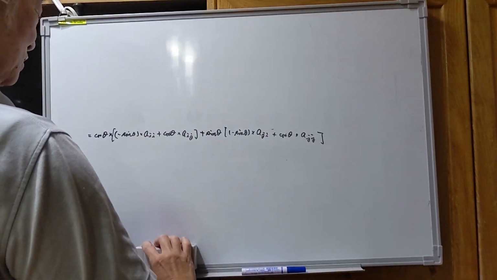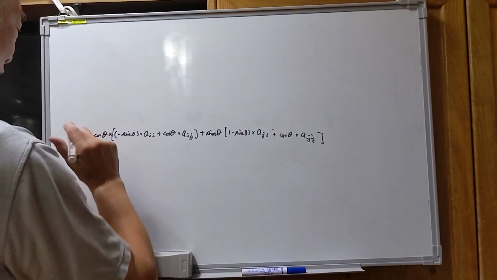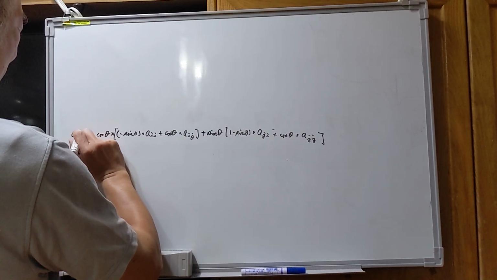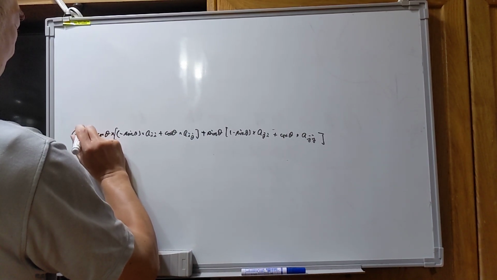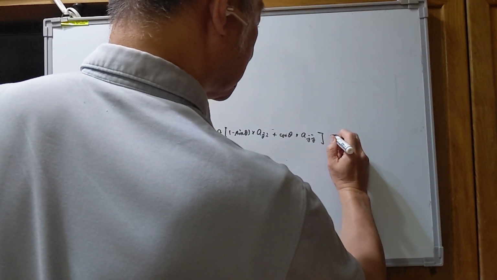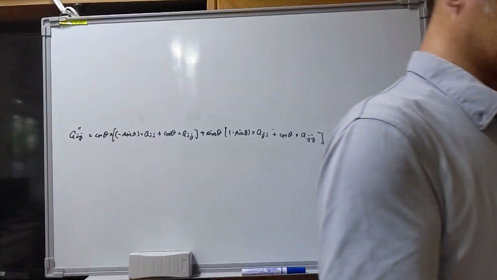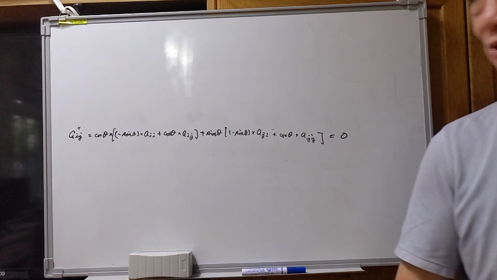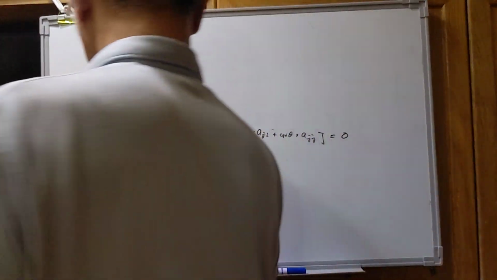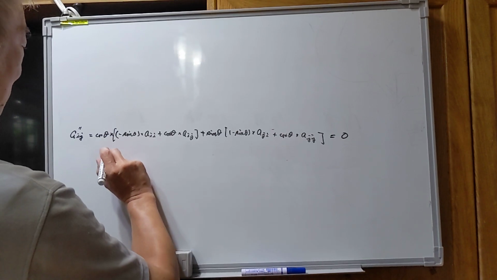Okay, so that's the Aij double prime. And remember the purpose of these transformations: we would like to make the Aij double prime equal to 0.